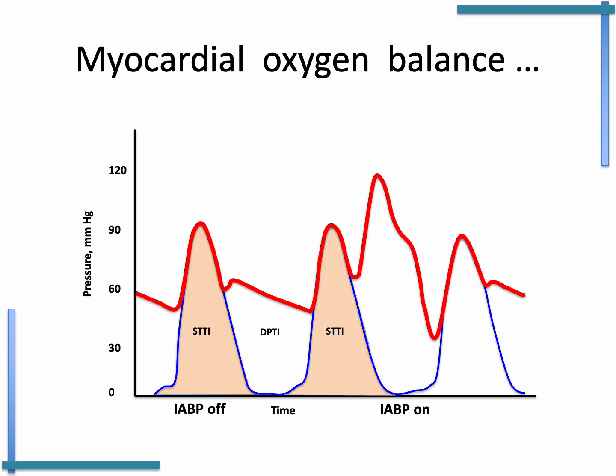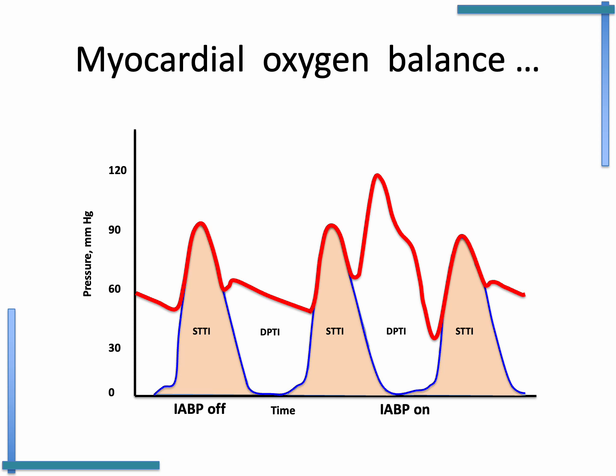If we look then at the following beat, the beat that's going to have the balloon augmentation follow it, then the systolic tension time index here is the same as that. But we can see now that following the inflation and deflation of the balloon, we have a much bigger diastolic pressure time index, indicating that there's a much greater potential for supply of oxygen to the myocardium.